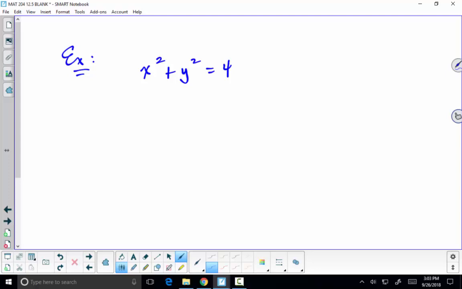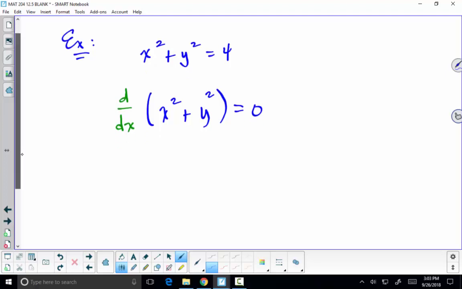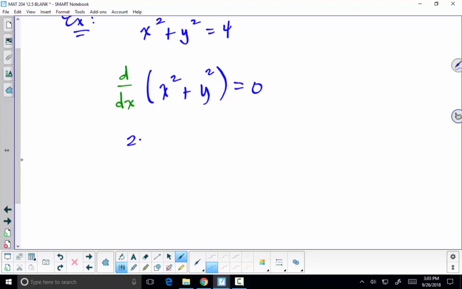So you had two ways. You can say, hey, let's assume that y is a function of x, and then let's take the derivative with respect to x of both sides. And of course, the derivative of the right is 0. So this is the implicit differentiation way to do it. The derivative of x squared is 2x. The derivative of y squared is 2y times y prime.